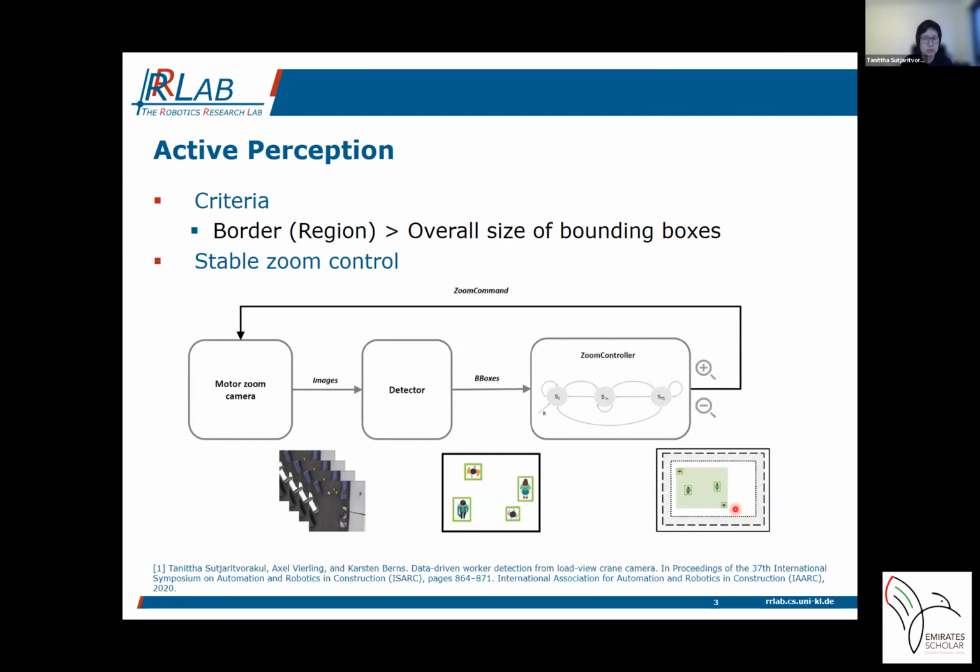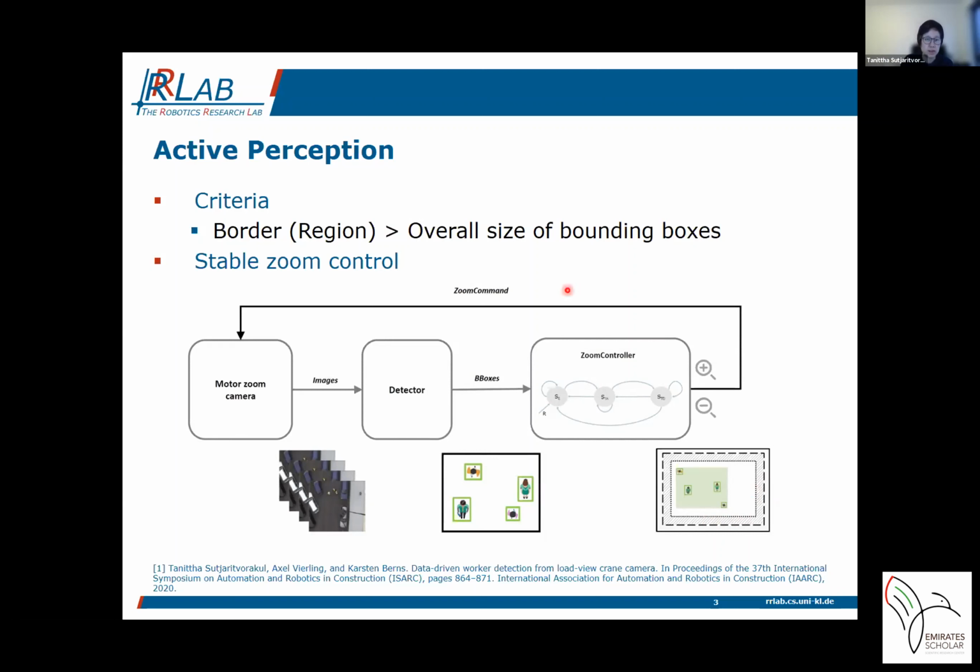So we want to use the zoom mechanism to improve the quality of the detector itself by maintaining the overall size of the object and the area of all objects in a certain area, which can be parameterized. These two will be the main criteria of our zoom control.